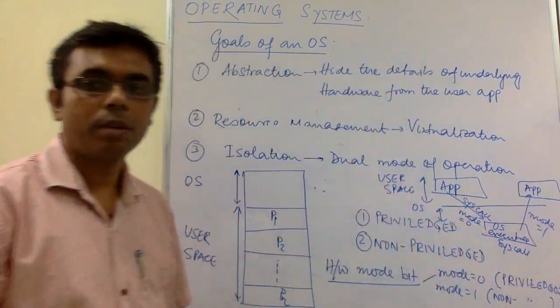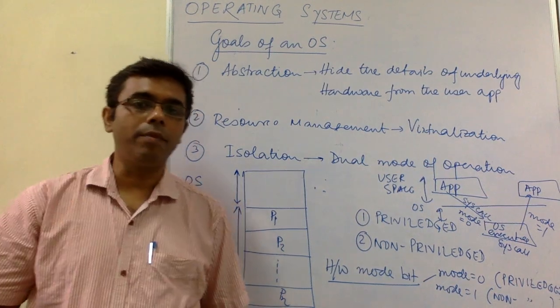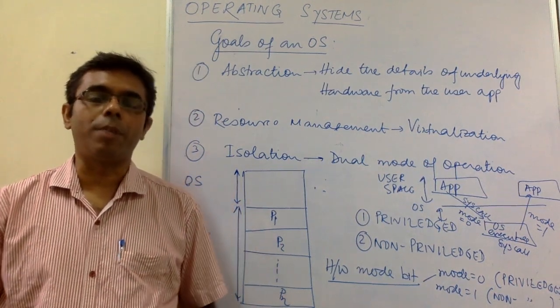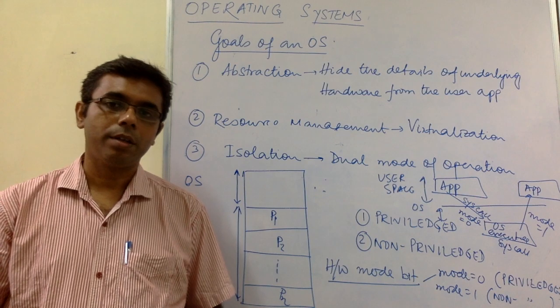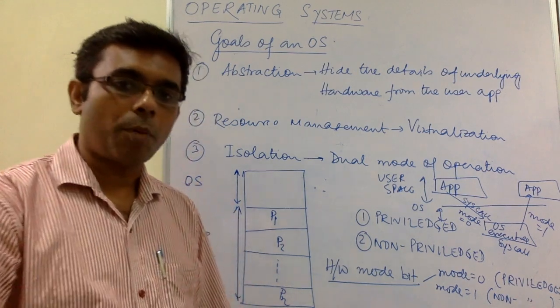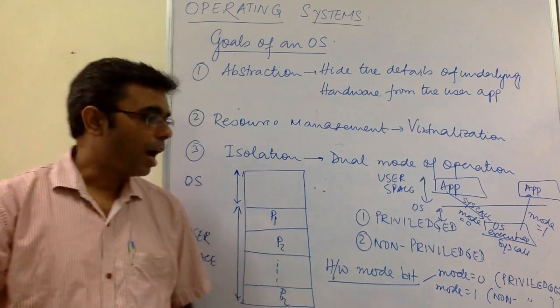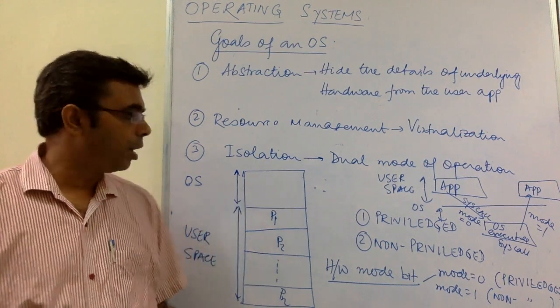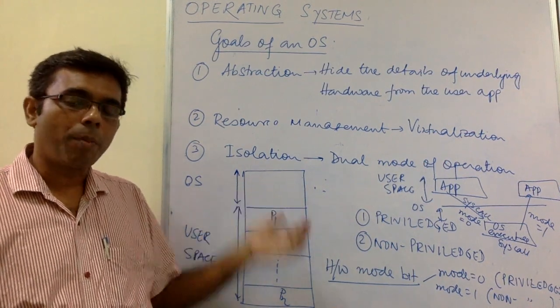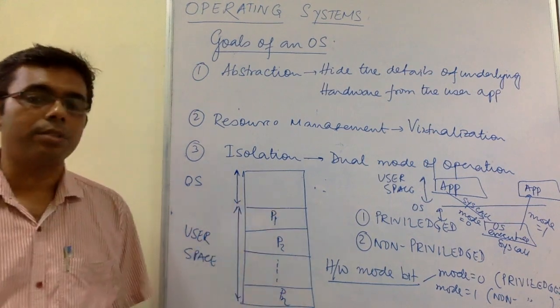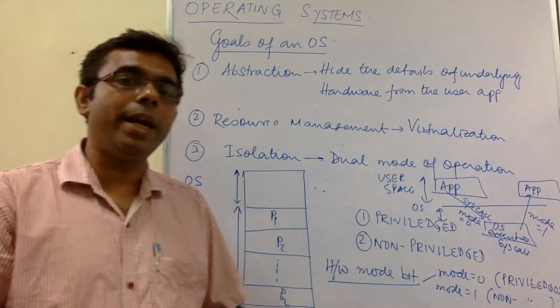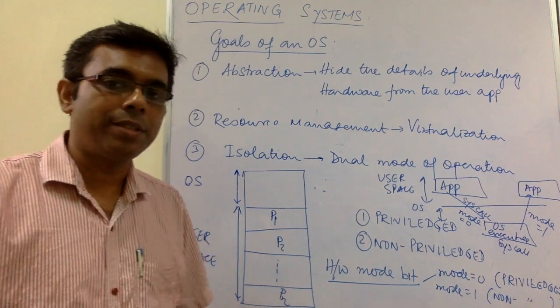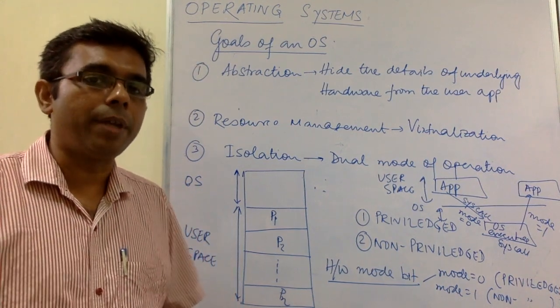This is how you have a dual mode of operation. This dual mode of operation clearly isolates the two ranges of addresses: one executed by the operating system, the other by the user applications. So instructions which should be executed by the operating system cannot be executed by a user application.